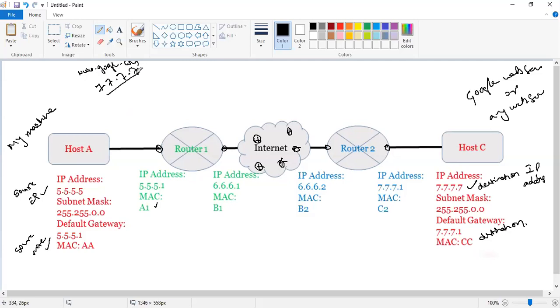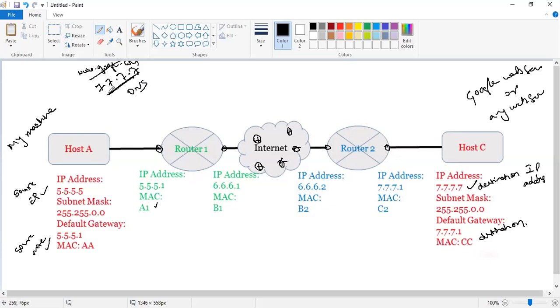Over the network, domain names are not used, it's mostly IP addresses. So before you start reaching the host, first you have to find out what www.google.com's IP address is. For that, you make a DNS query from your host.